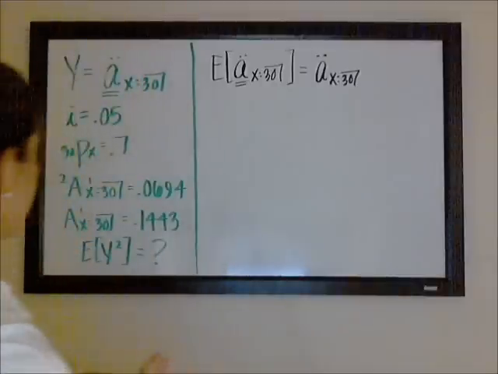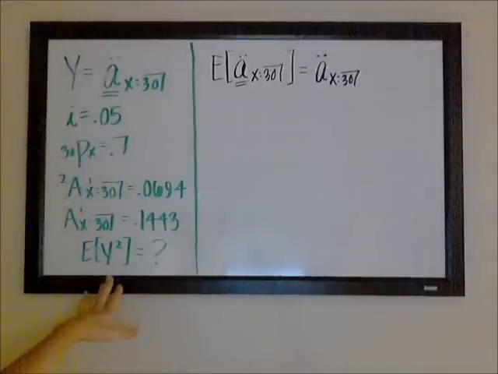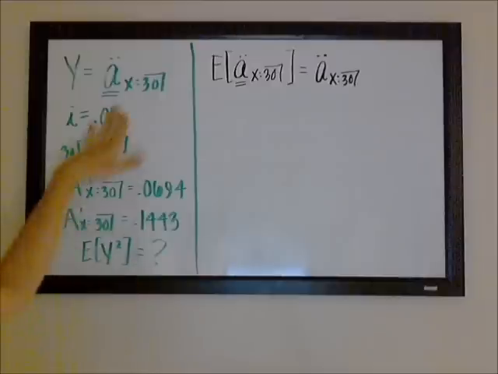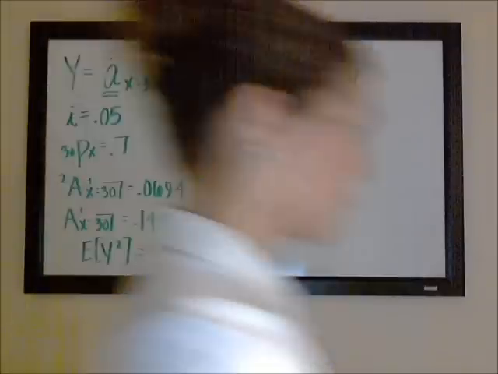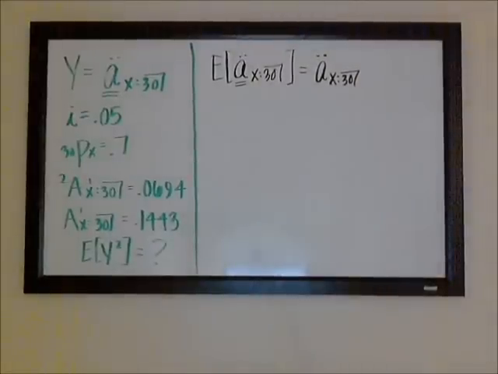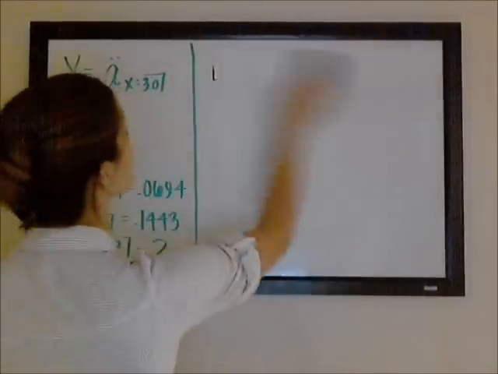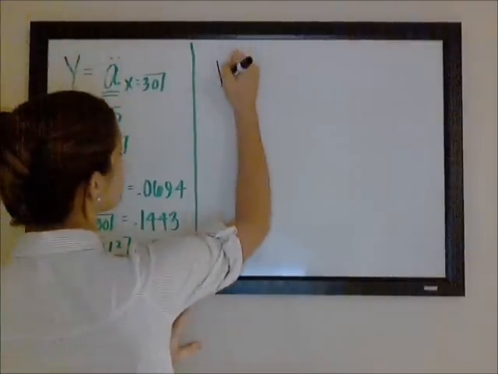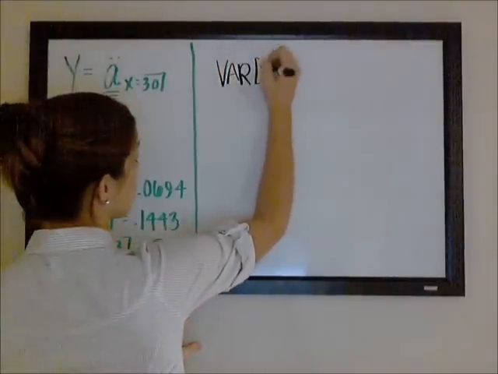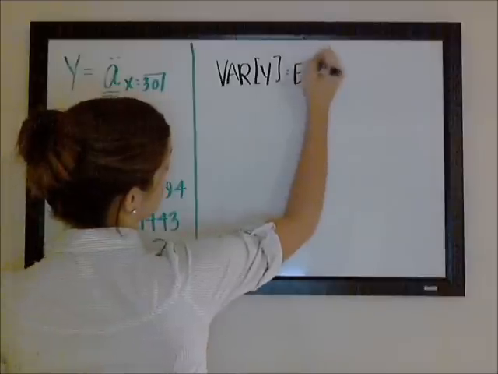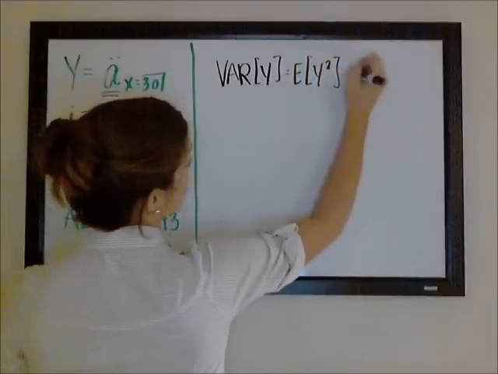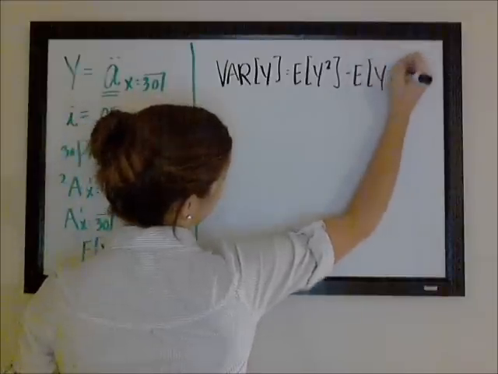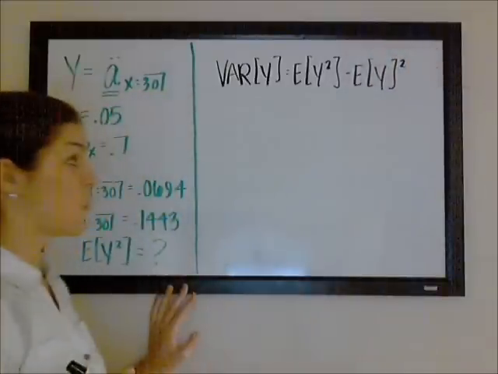We want to find the second moment of Y, the second moment of this present value random variable for this annuity. So, I know that the variance of a random variable is its second moment minus the expected value of the random variable squared.